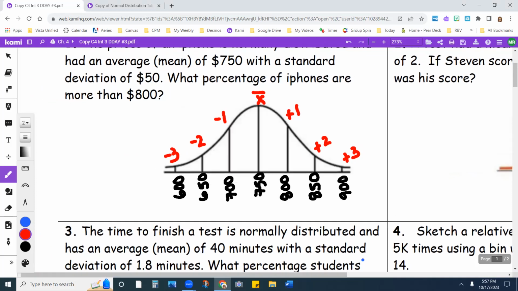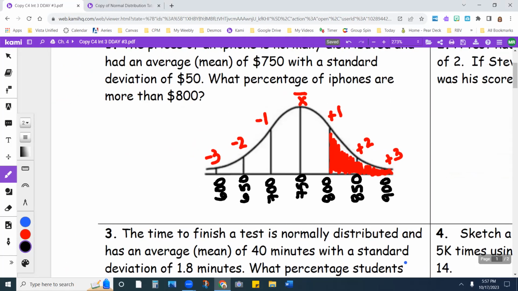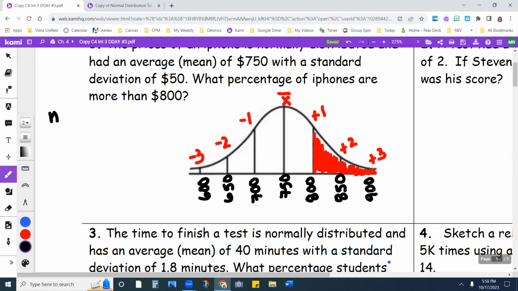Now, they're asking us what percent of the iPhones are more than 800. So we want this area here. We're trying to find the percent. If we're doing it on our calculator, we're going to do normal CDF.